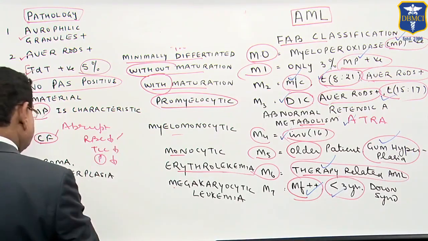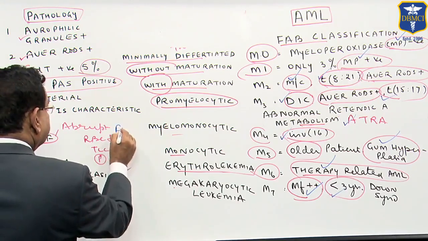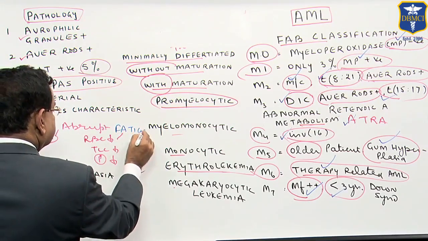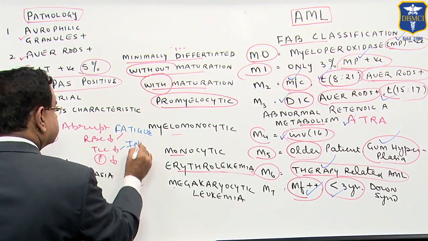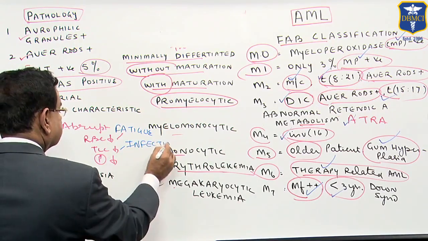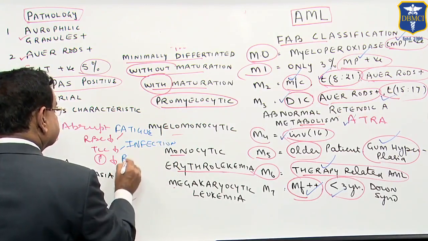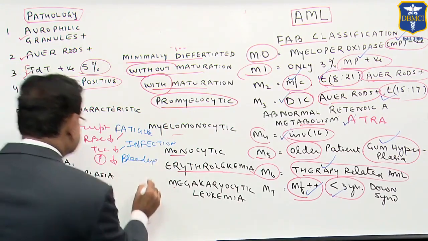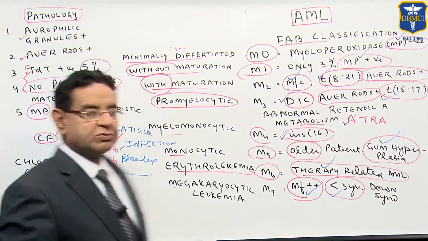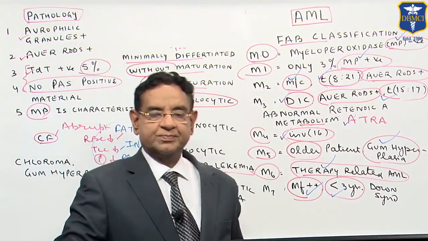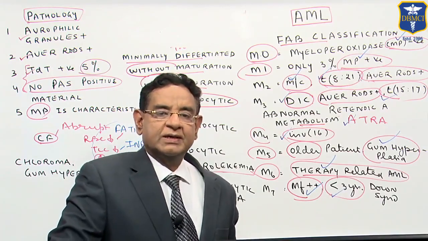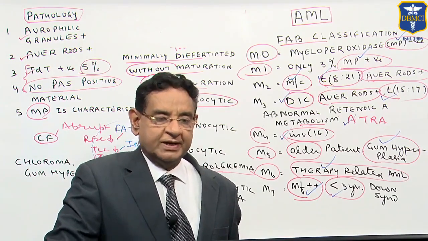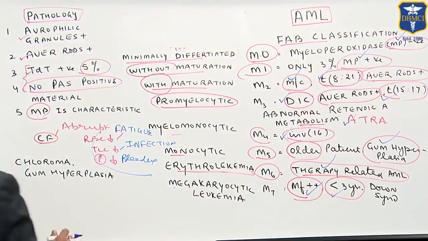So it leads to fatigue or anemia, this leads to proneness to infections, and this leads to bleeding tendencies. In fact, these three symptoms are also seen in ALL, all because of suppression of the normal WBC, RBC and platelets. What else do we see in AML?